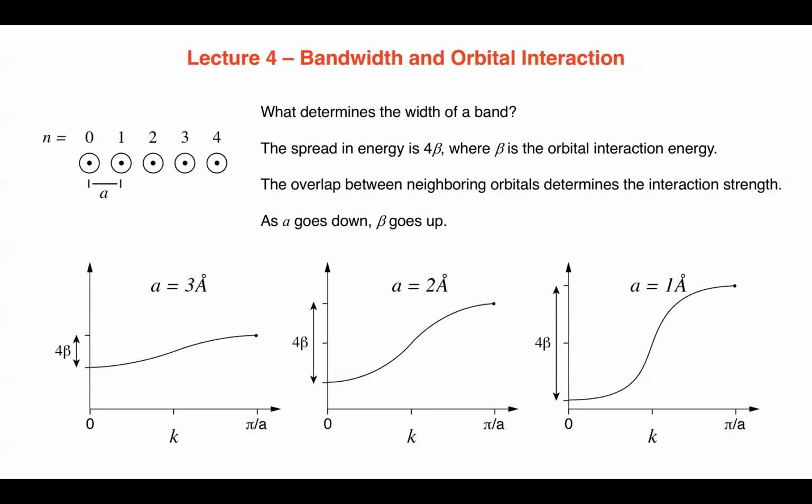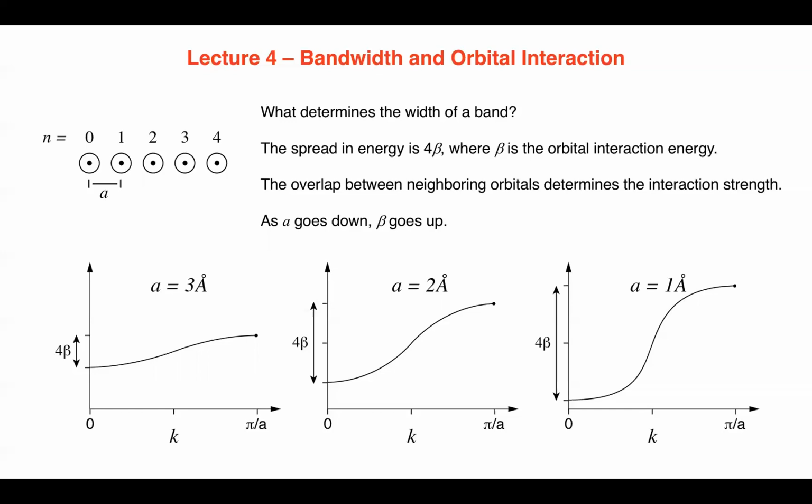And as you push the hydrogen 1s orbitals together, you can see beta getting larger, and the spread in energy as you go from k equals 0 to k equals pi over a getting larger. So what you're saying here, as you push the hydrogen 1s's together, is that beta is growing, and the totally symmetric combination, the all bonding combination, drops in energy, and the all anti-bonding combination increases in energy.